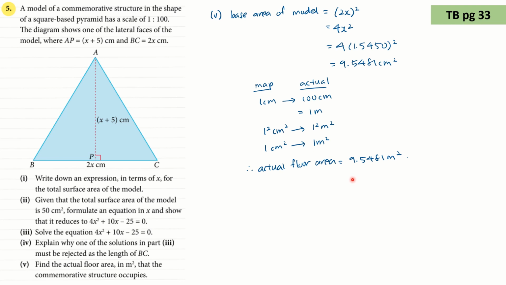And then we leave our answer to 3SF. Sorry, I realized I missed that out. Let me just write it in now. So we leave our answer to 3SF, and we will get 9.54 meters square.